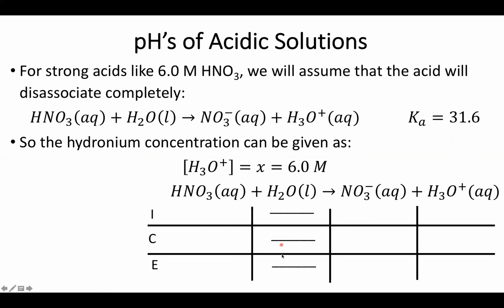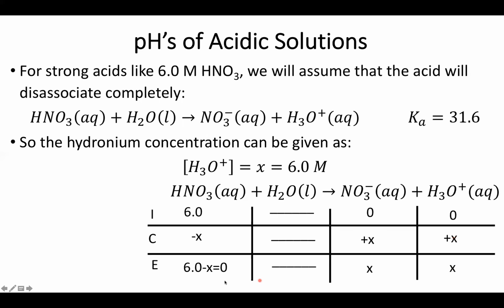So first of all, water is going to not be present. I've got initial concentration of 6 molar nitric acid, 0 molar everything else. I'm going to be consuming my nitric acid and producing equal amounts of nitrate and hydronium.